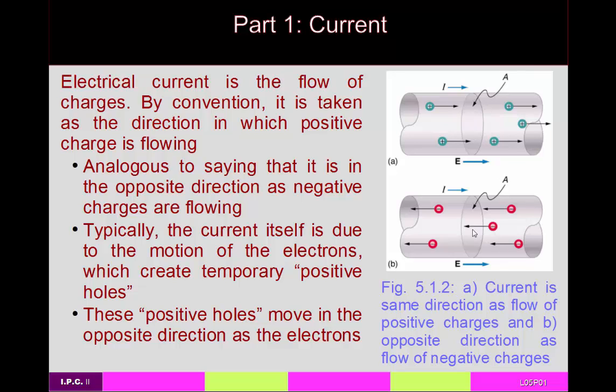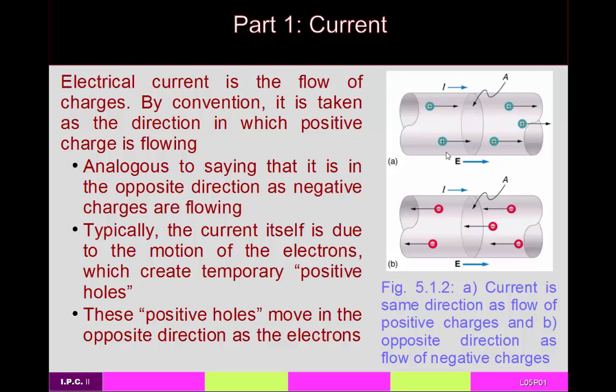So here you see charges moving in a wire, and this basically is like a section of wire. These are the positive charge carriers, these are the negative charge carriers. As you know, if you apply an electric field to the wire, any free charges are going to accelerate either along or against the field line.